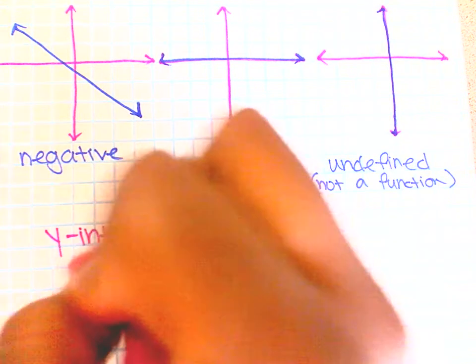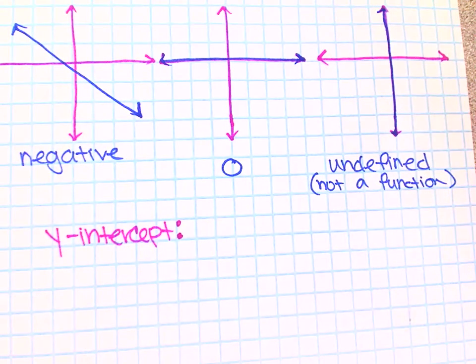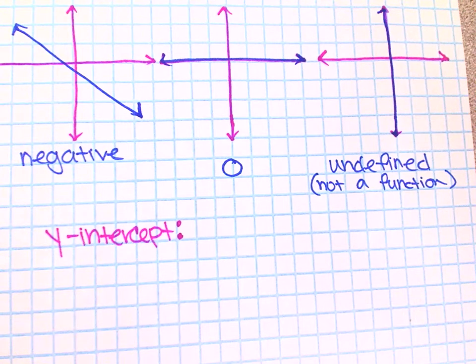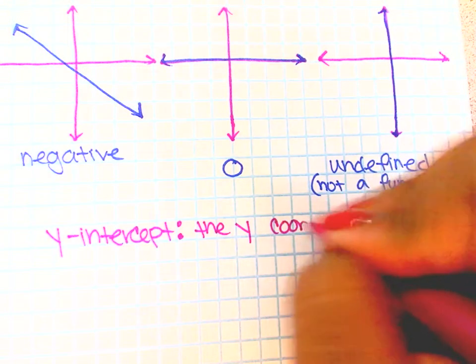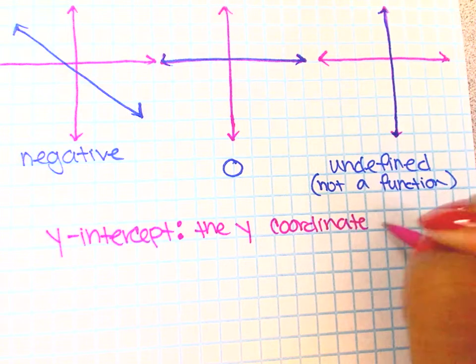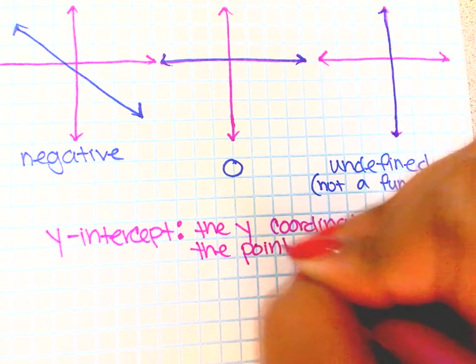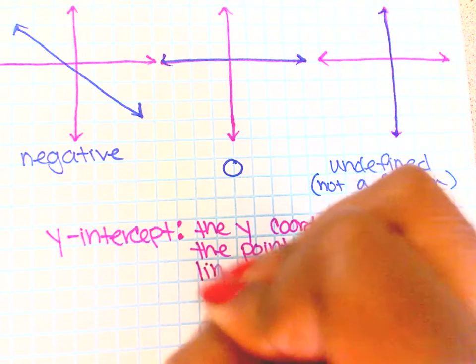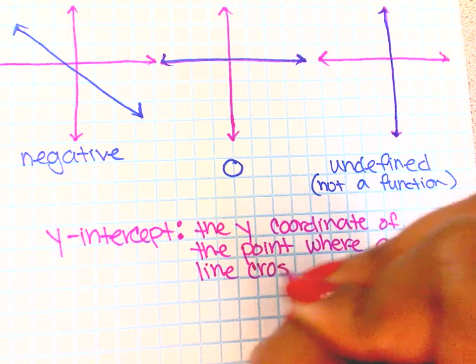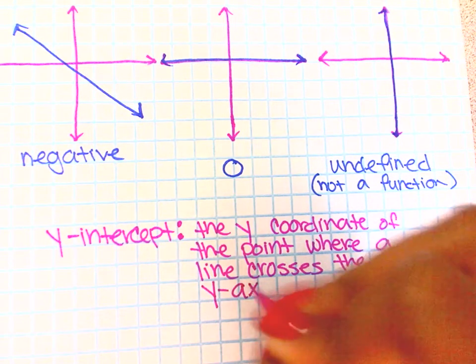Next word is y-intercept. What is the y-intercept? Well, it's the y-coordinate of the point where a line crosses the y-axis.